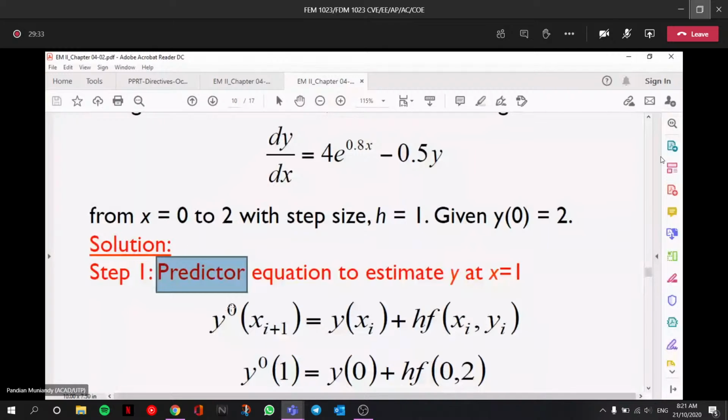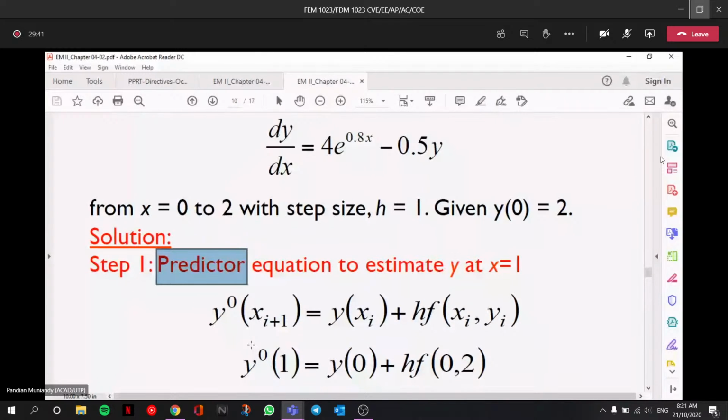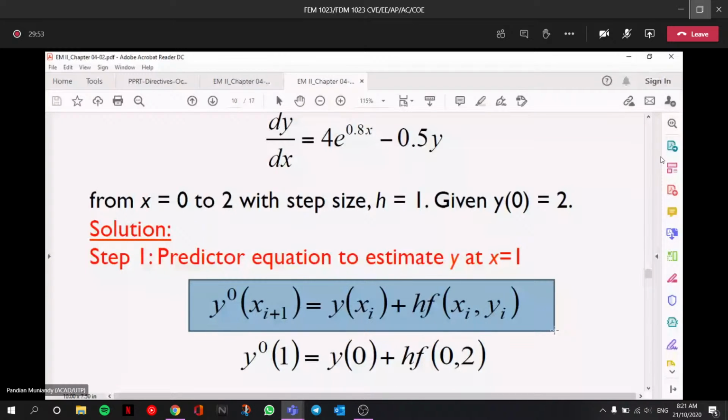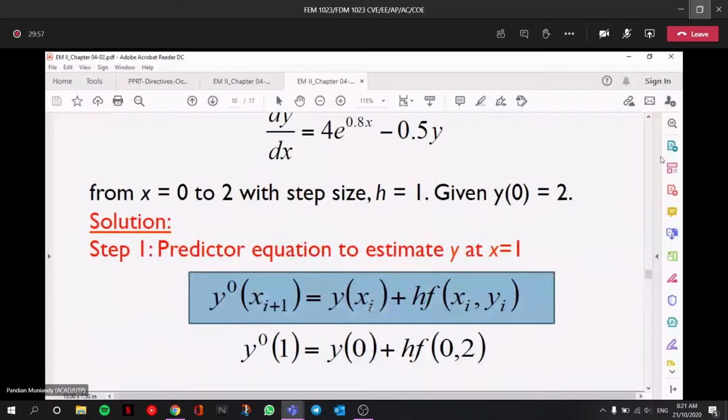If you don't put it, then it's very hard to recognize which one is which. So you have to do it in a very systematic way. y0 x_{i+1} equals y x_i plus h f x_i y_i. This formula is given already, so we cannot question this. What is important is how to calculate this.